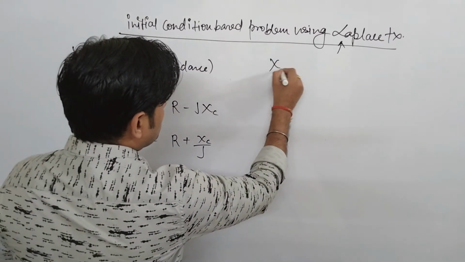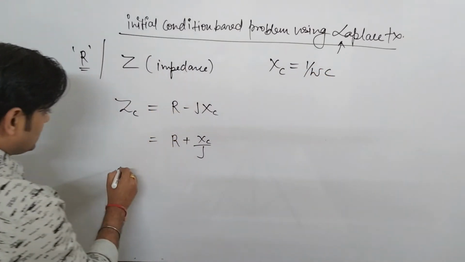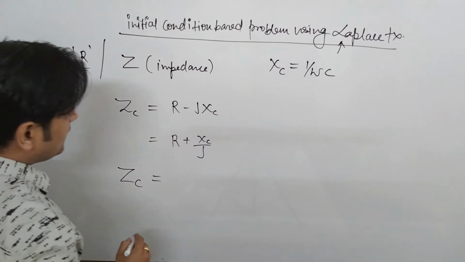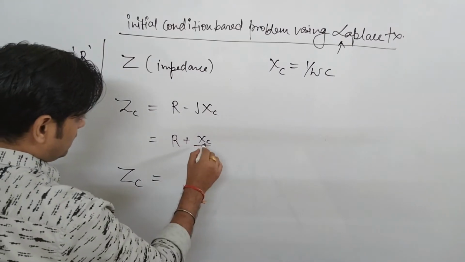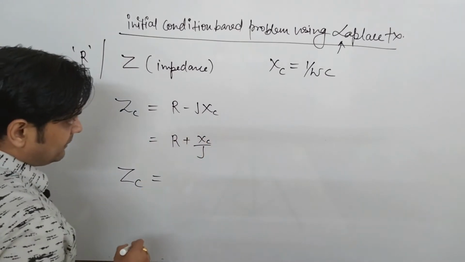If you talk about the value of XC, that comes to be 1 by omega C. So from here, if resistance is very less, we will only be interested in reactive capacitance.